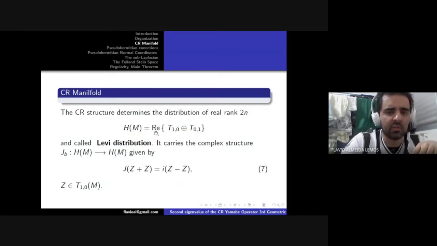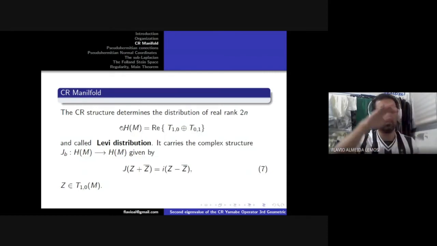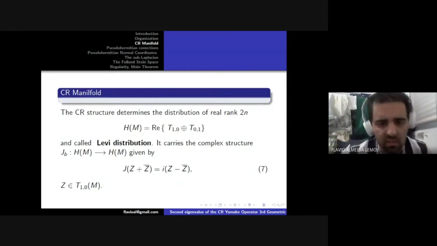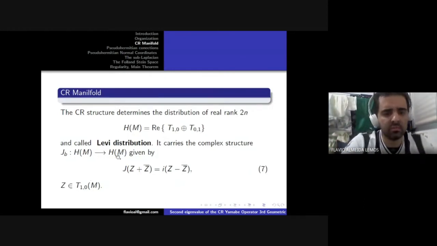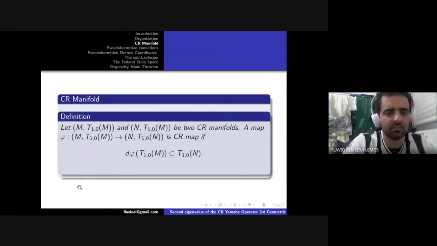We take the real part, which is the Levi distribution. We have a Levi distribution over the manifold. It's a subbundle of the tangent bundle, and we have the complex structure J given this way.